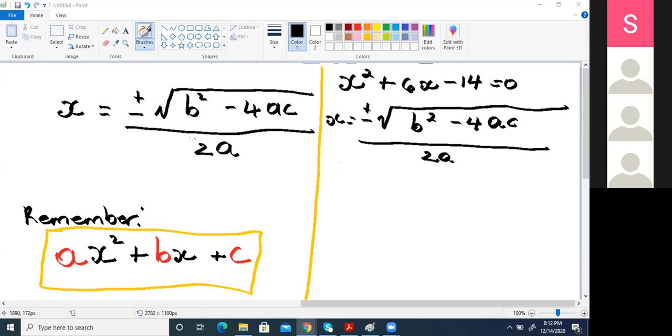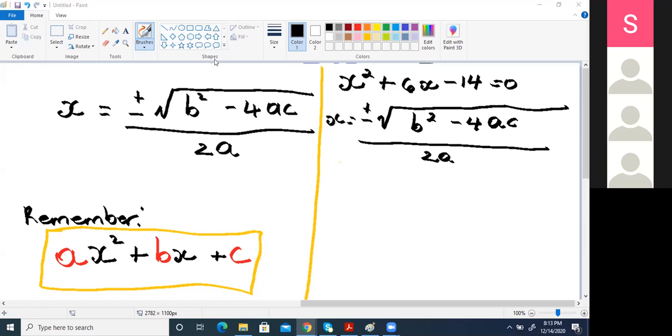Hmm, something looks wrong with this equation. This equation is wrong, and I think I'm missing something. Give me a moment. Let me just double check. There's supposed to be a b in front of it.